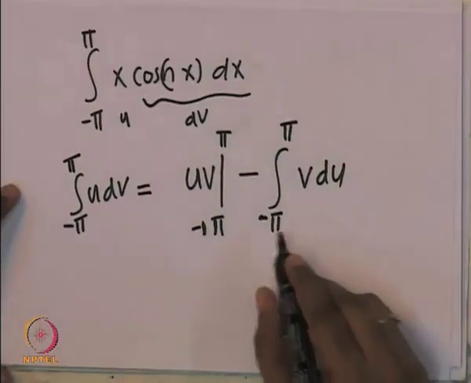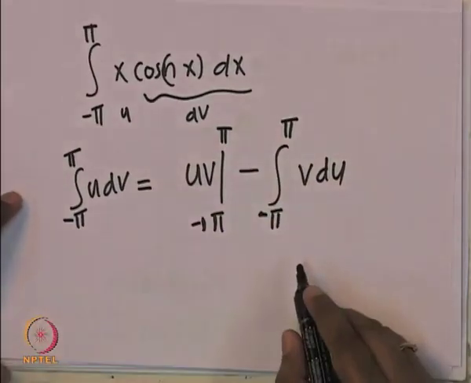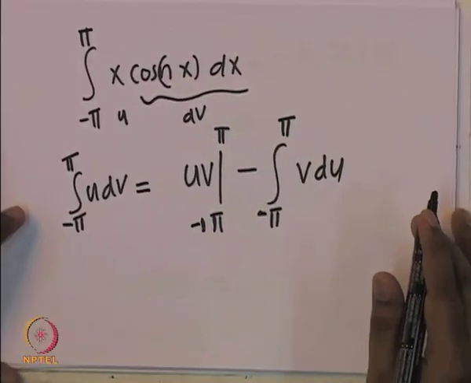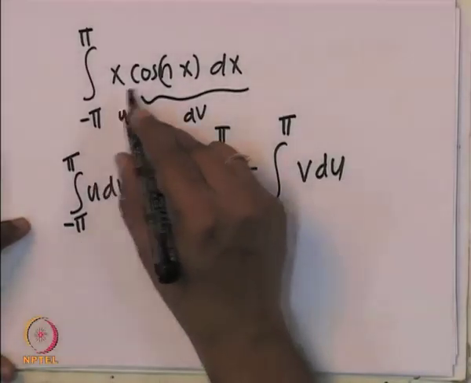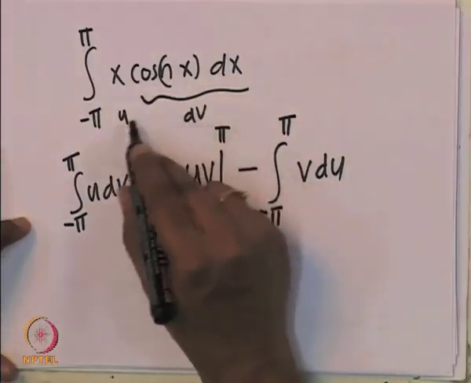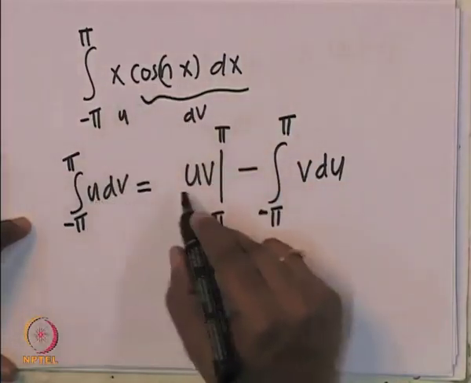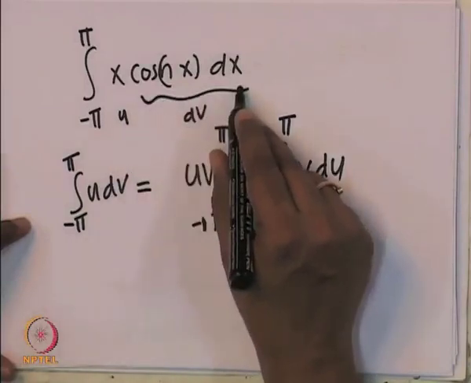So, you can do this by integrating by parts. Our u is x and dv is cos n x dx.